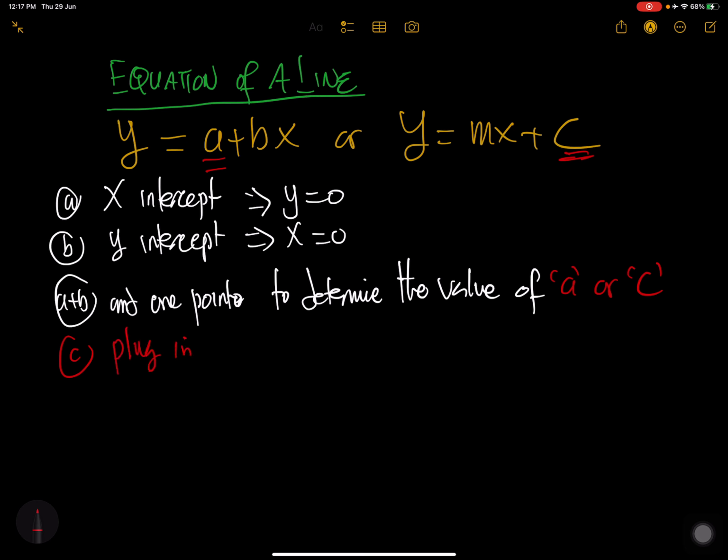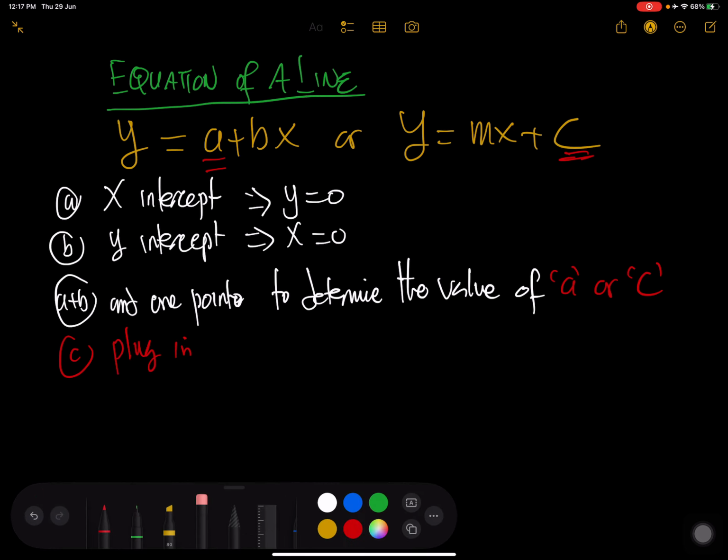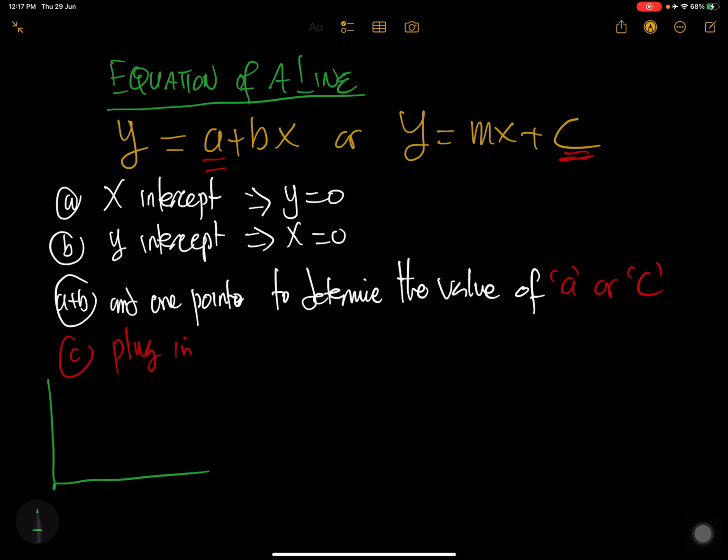Okay, so let's imagine for a second that we have a straight line like this.